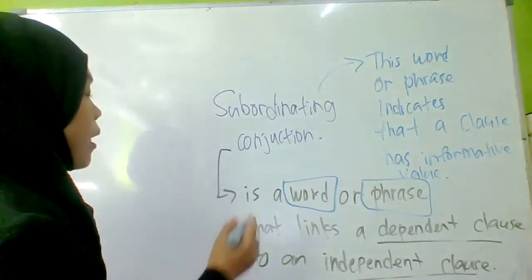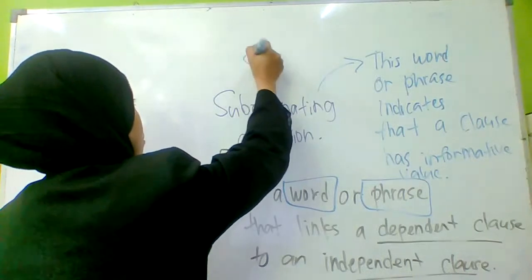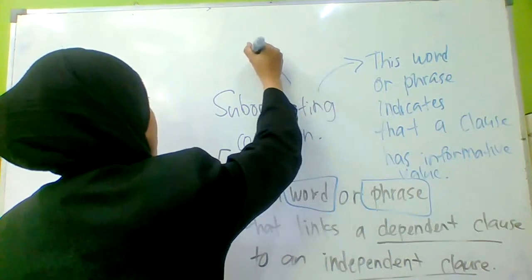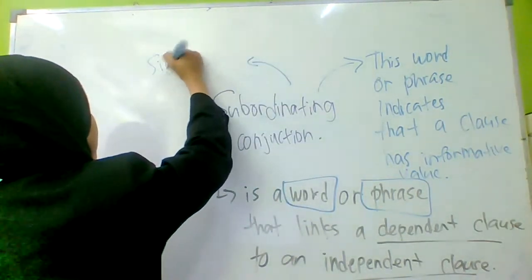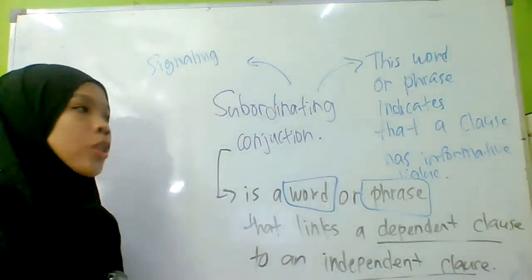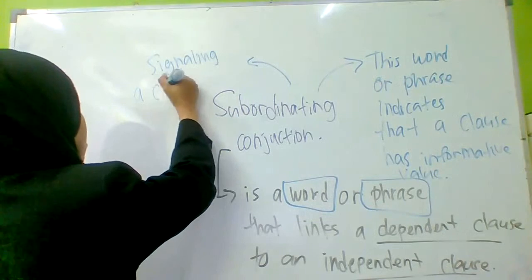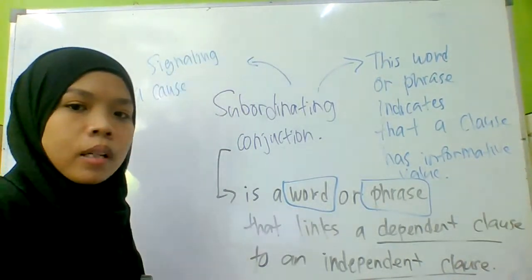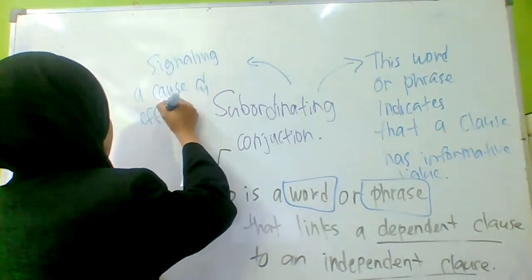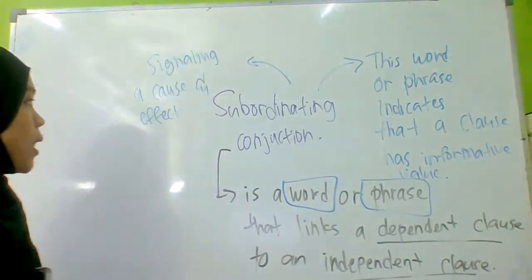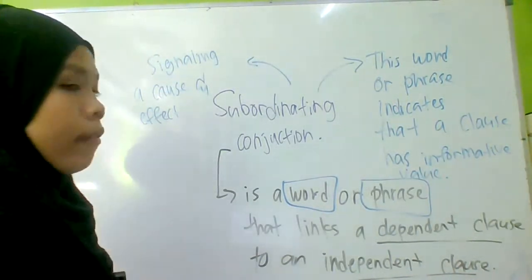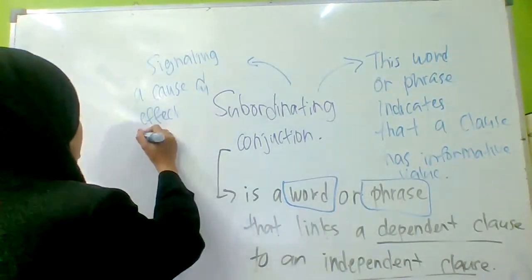At the same time, subordinating conjunctions signal to the reader that you want to mention a cause and effect relationship.